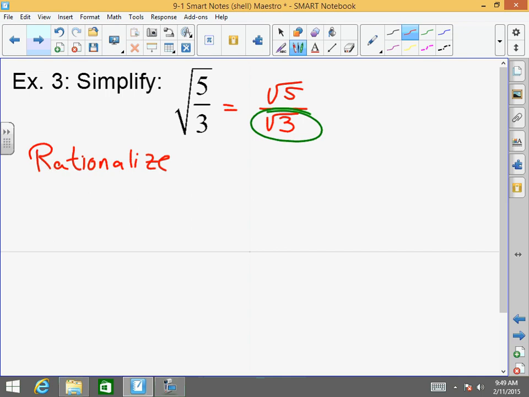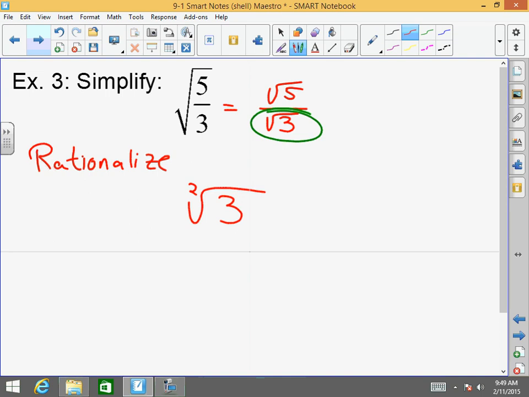So what I must do is called rationalize. When I rationalize, I want to multiply the numerator and the denominator by the square root that will make the denominator a whole number. So in this case, I've got a square root, right? How many 3's do I need to pull one out? I need 3, guys? Guys, I've got a square root of 3. Isn't there an invisible 2 here?